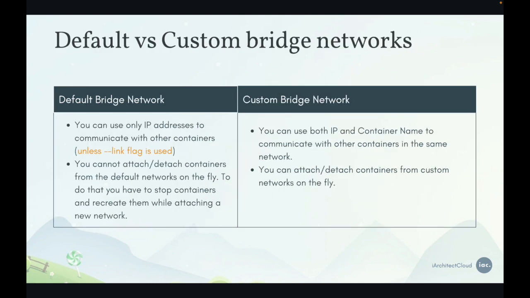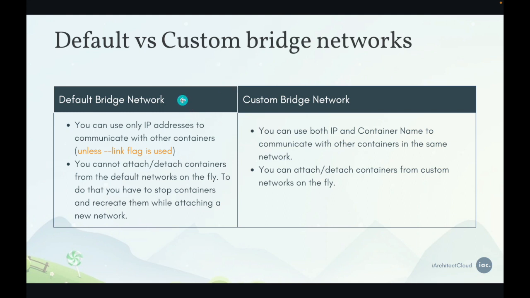And then the Docker default network versus custom Docker bridge networks. As I mentioned earlier, the Docker default network also has the bridge type driver, so it is a default bridge network. Similarly, you can create custom bridge networks too. But there's a difference between the Docker default bridge network and the custom bridge networks that you create.